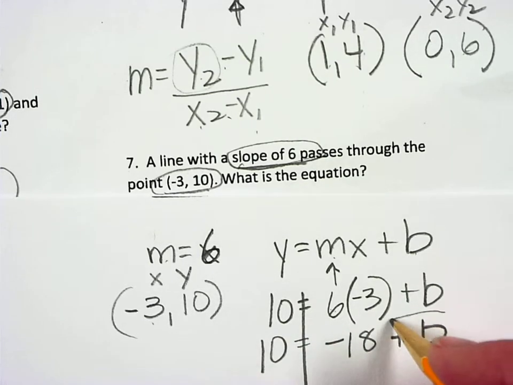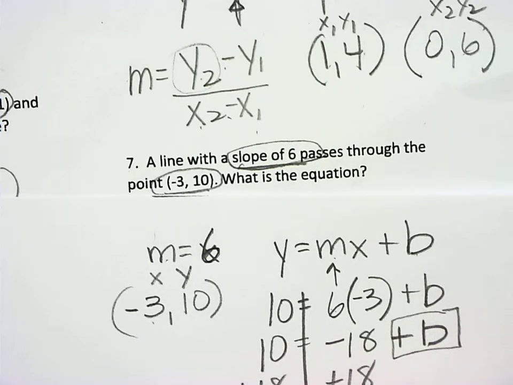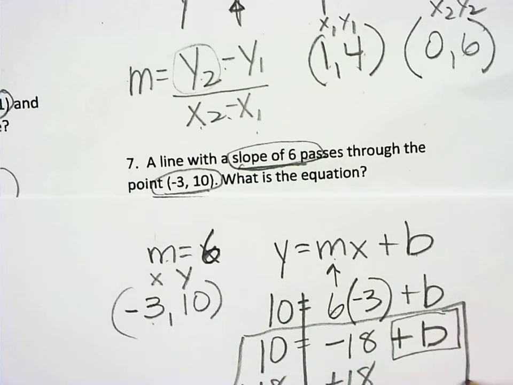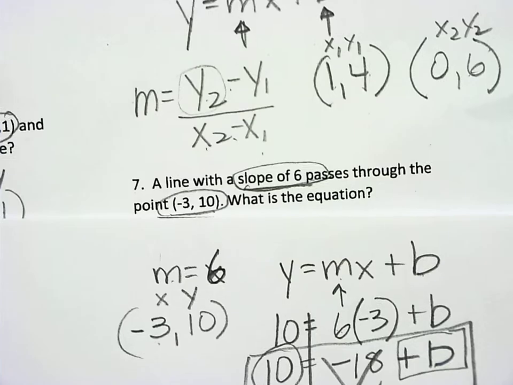I want to get my b all alone. I have to get rid of negative 18 by doing the inverse of negative 18, which is positive 18. So all this combines. These cancel out, and I'm left with b, and if I have 10 positives and 18 positives, that's 28 positives.